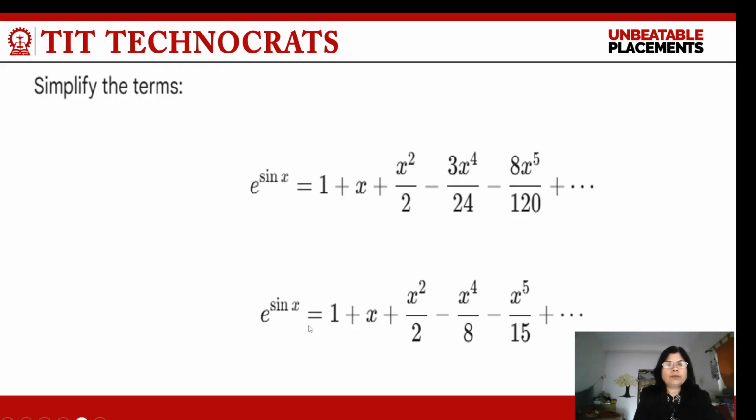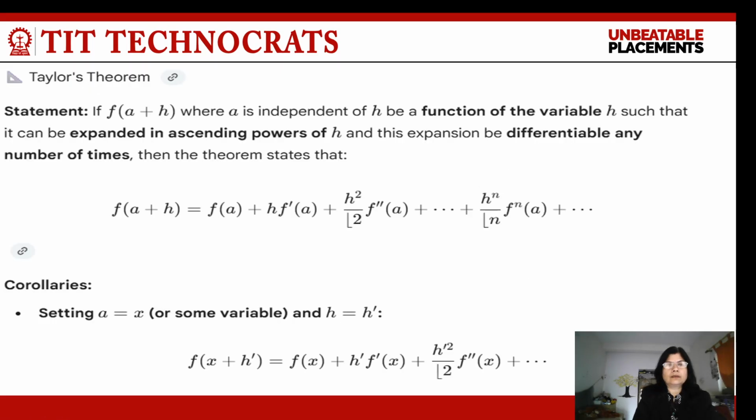So we get e to the power sin x is equal to 1 plus x square by 2 minus x to the power 4 by 8 minus x to the power 5 by 15 plus and so on. Hence proved.